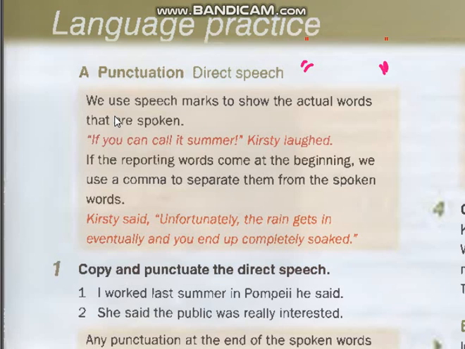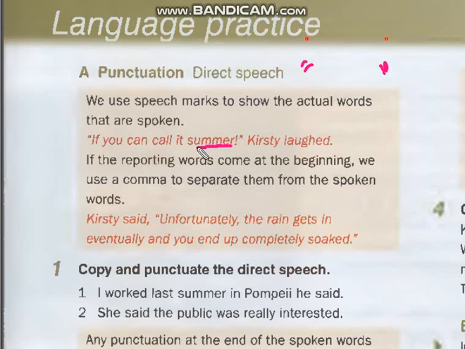Okay, notice here the elements of the direct speech or the actual words that are spoken. Look, we have several elements. First, we have the punctuation marks, which are the speech marks and the exclamation mark.